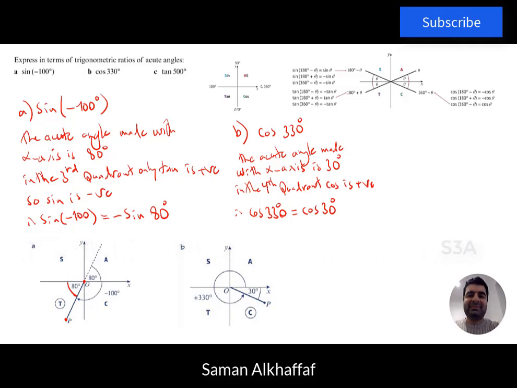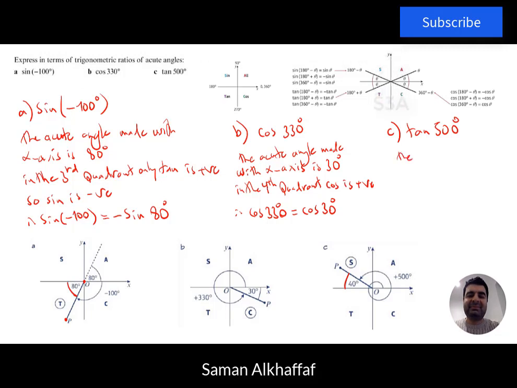Now we look at part C, where we have tan of 500 degrees. So for us to plot this, again we will work in the anti-clockwise direction. This is how it would look. We would have a first cycle and then a continuation of this cycle, and we can see that will create an angle of 40 degrees with the x-axis.